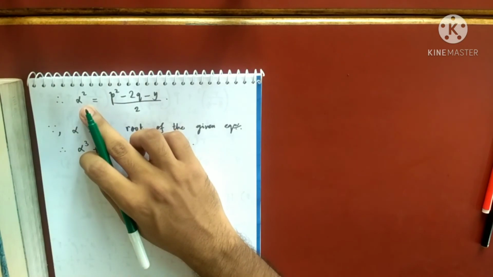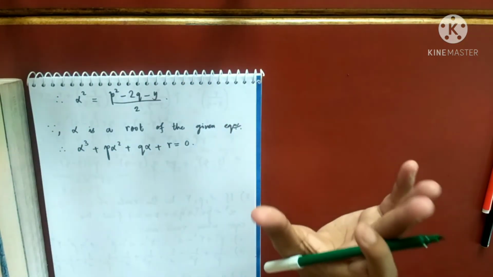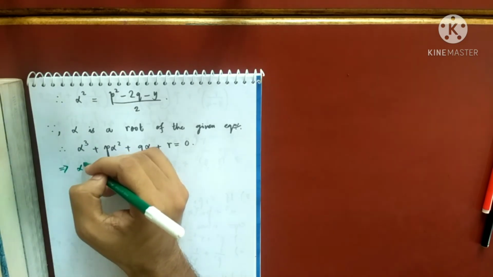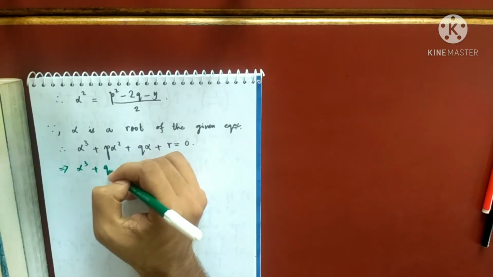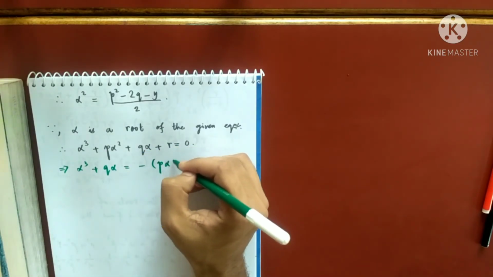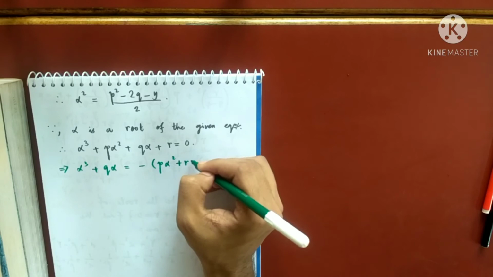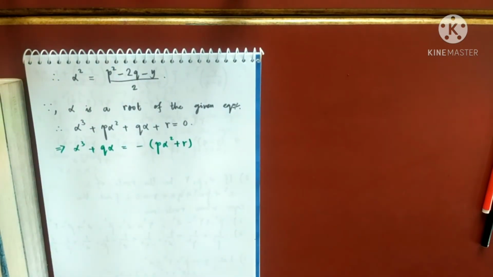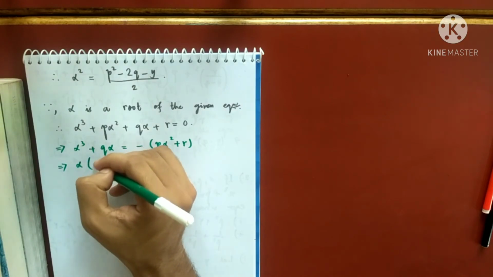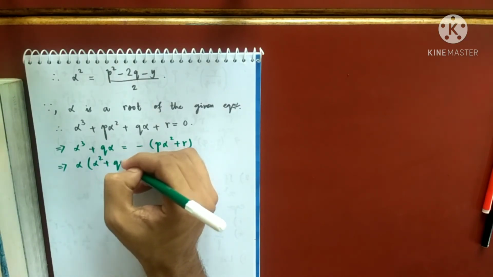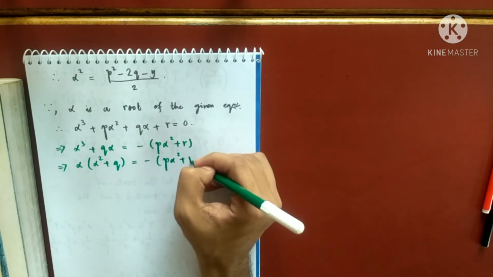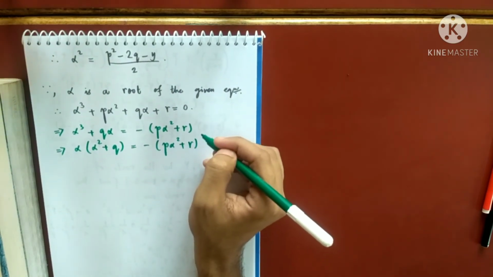So that I can simply put alpha square as this thing. Keep that in mind. So what I will do, I will keep these terms together and send this on that side. So minus p alpha square minus q alpha equals alpha cube plus r. Now take alpha common. Now square both sides.